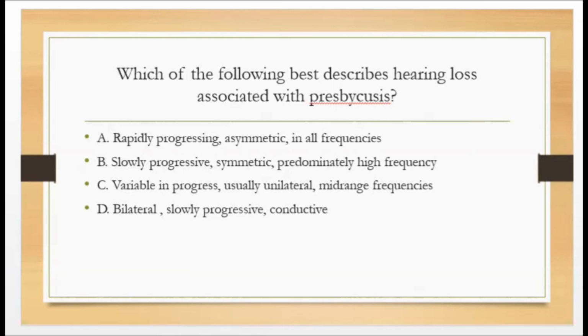So let me give you time to think. So what is the answer? Bilateral, slowly progressive. If you use the word conductive, remember conductive we said is something you can see.